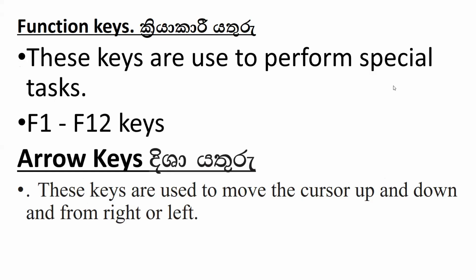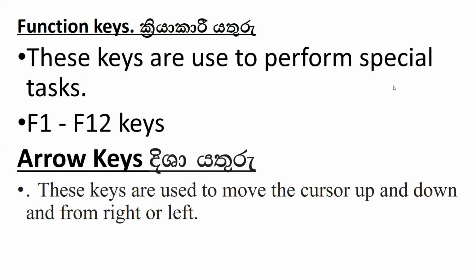Move. එහාට මෙහාට අරයි යන්න cursor එක. These keys are used to move the cursor. කොහෙටද? Up උඩට, down පහළට. And from right or left. වමට හෝ දකුණට. These keys are used to move the cursor up, down, right, left. Up, down, right, left.